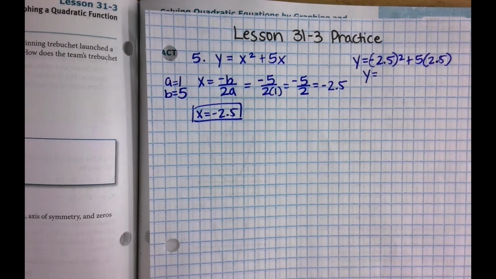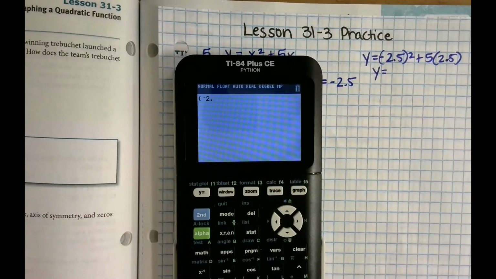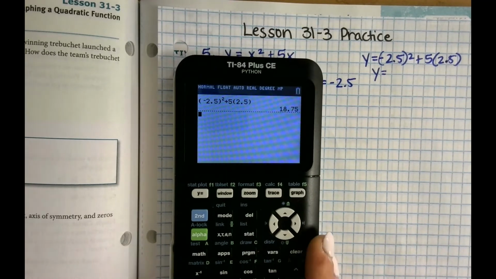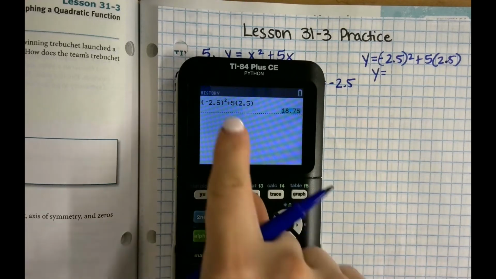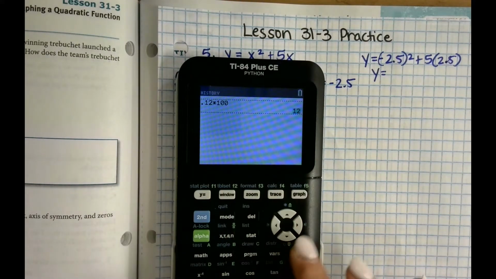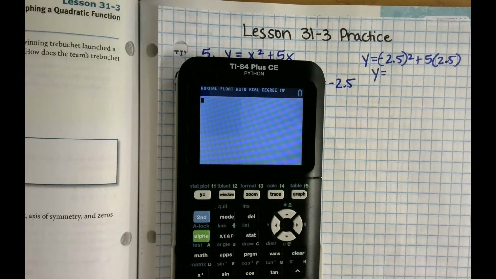So just to make sure you use parentheses, negative 2.5, parentheses, x squared, plus 5, parentheses, times 2.5, and that's going to give us 8 something. Hold on, I must have done something wrong. Did I do negative? Something's off there. I didn't put negative 2.5 in there, so let's go back and redo that. See, one little mistake, it's going to mess it up.